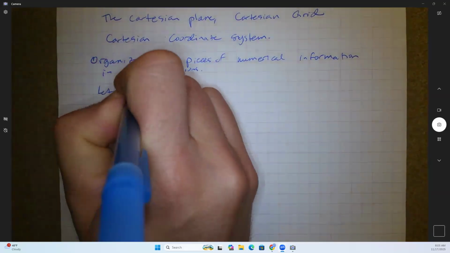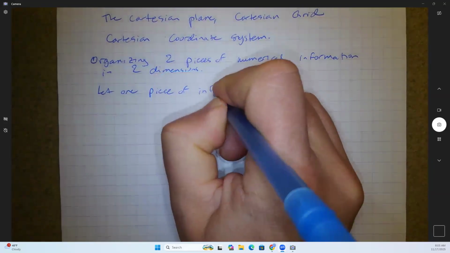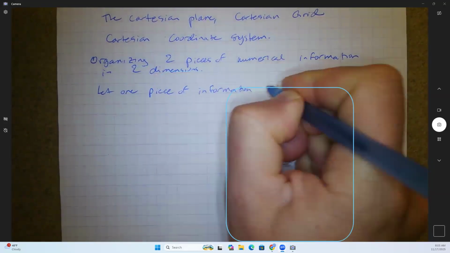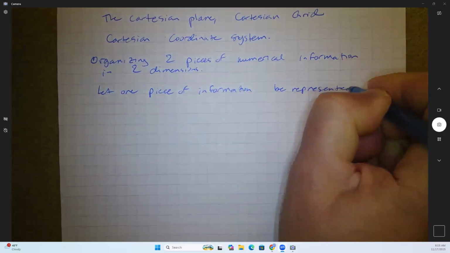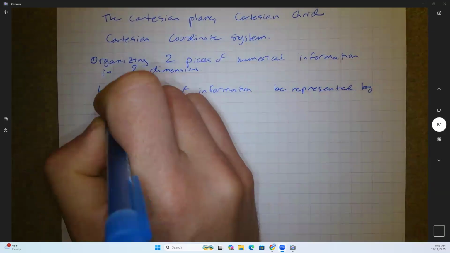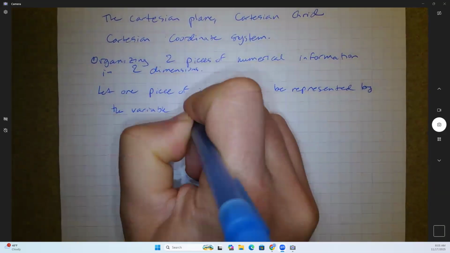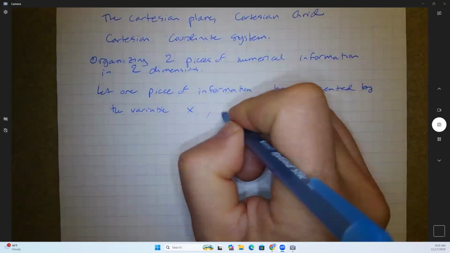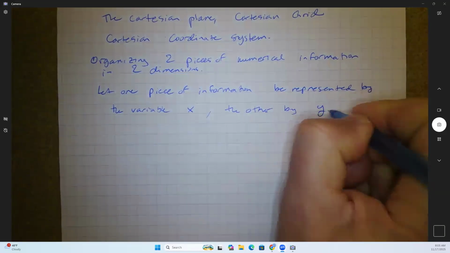So let one piece of information be represented by the variable x, and the other by the variable y.